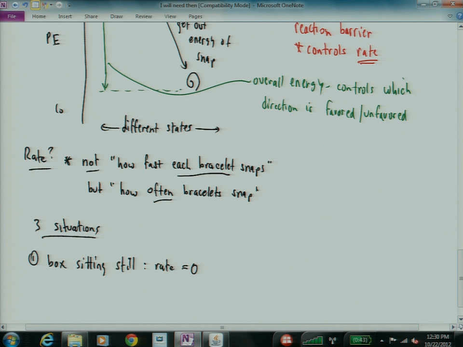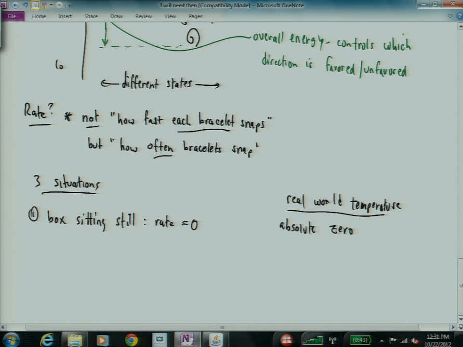So the rate sitting in my office is 0. And that corresponds to sort of the real world temperature where there's no motion, absolute 0. So at absolute 0, chemical reactions have a rate of 0. All chemical reactions have a rate of 0.